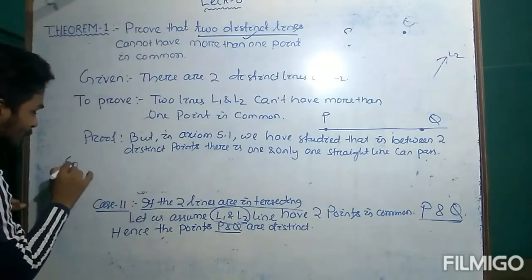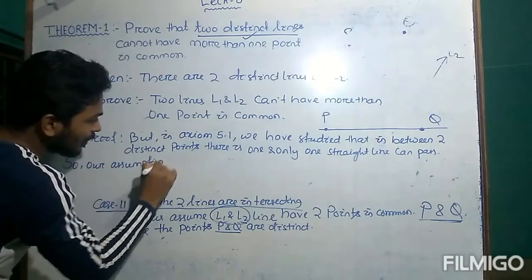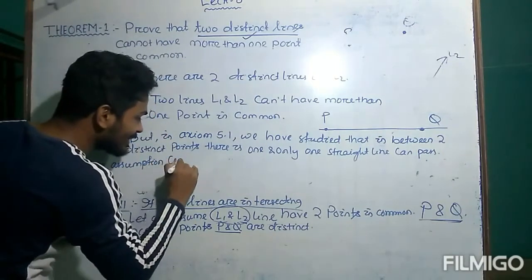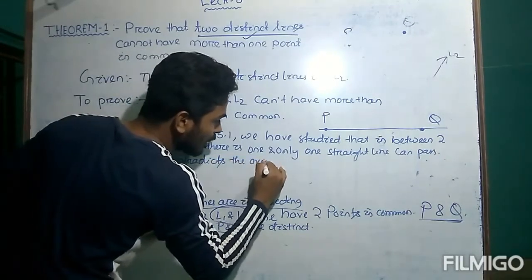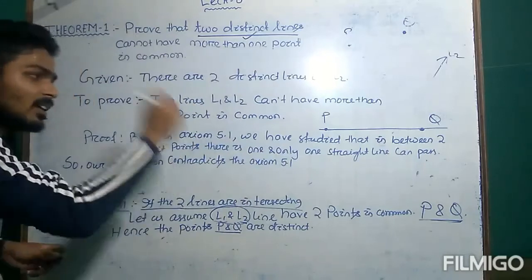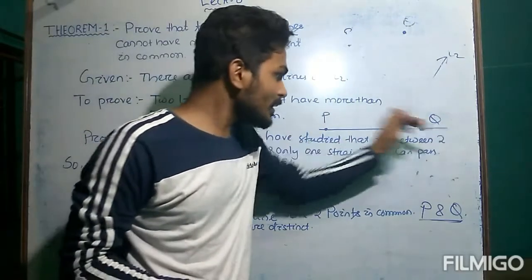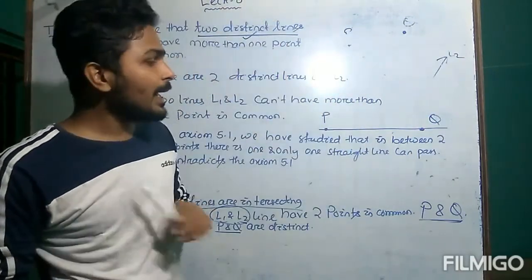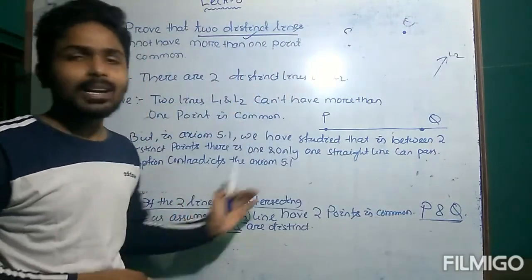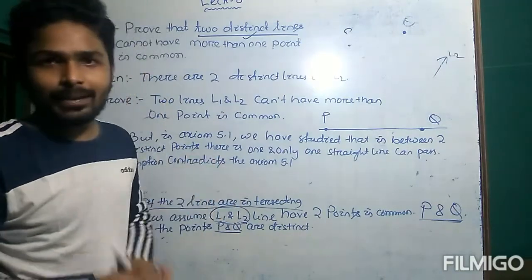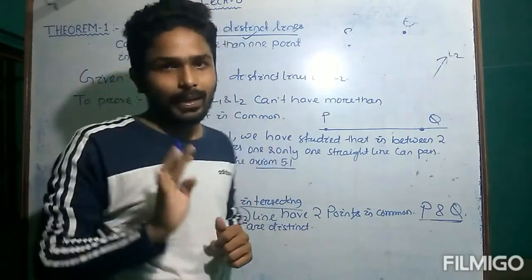So you can write: our assumption is wrong, which contradicts axiom 5.1. Why does it contradict axiom 5.1? According to axiom 5.1, through two distinct points we can draw only one straight line. But here through the 2 points P and Q we have two straight lines L1 and L2. It is a completely wrong statement. So this statement contradicts our axiom number 5.1.